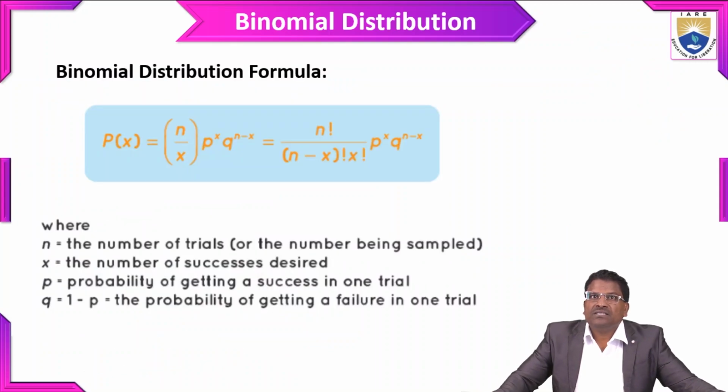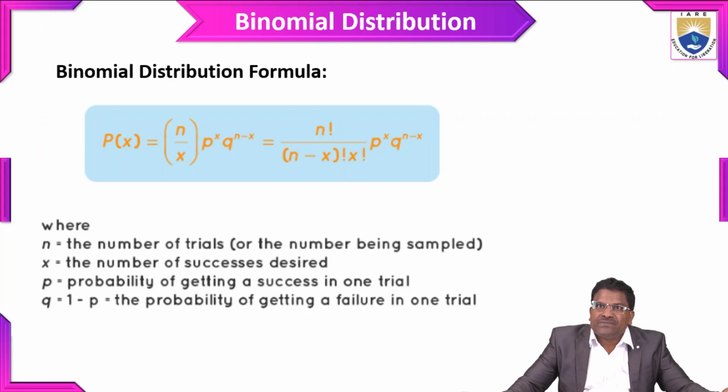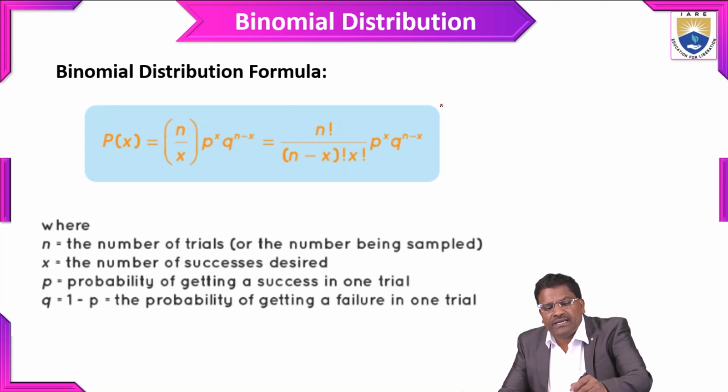Now, this binomial distribution formula, we frame like this. Same as what we discussed now, probability of x is equal to nCx into p to the power x into q to the power n minus x. So instead of nCx, you write n factorial by x factorial into n minus x factorial into our terms p to the power x into q to the power n minus x.